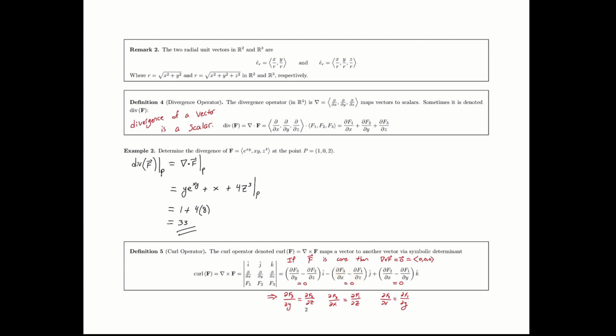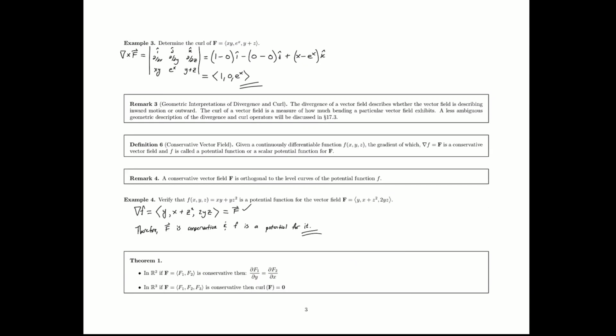But if we have a two-dimensional vector field, there is no notion of an F3 or a z. That concept doesn't exist in 2 dimensions. So that's why the 2D case doesn't have these terms, but the 3D case does have all of them. Although these two conditions look very different, they are actually pretty much identical.